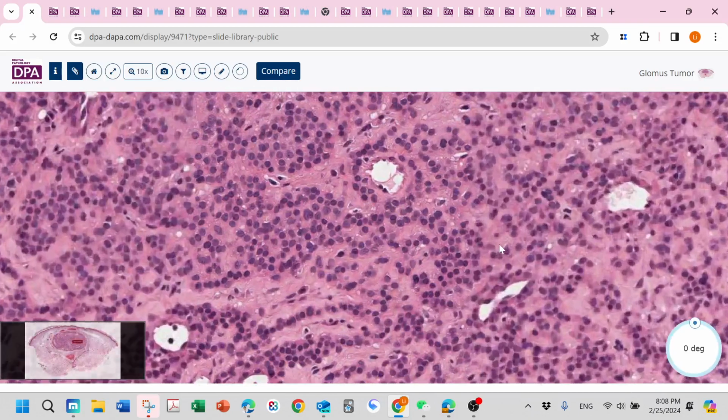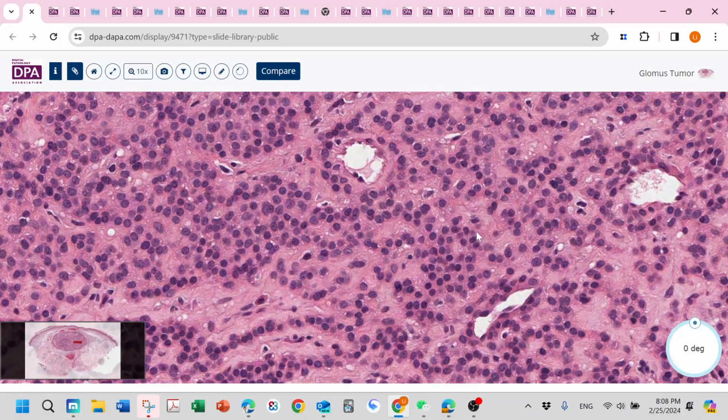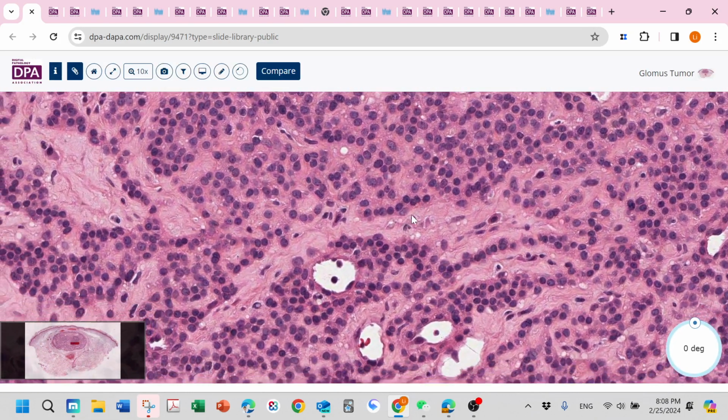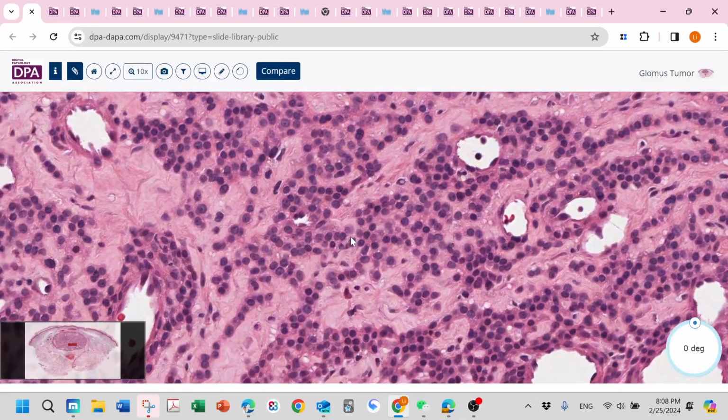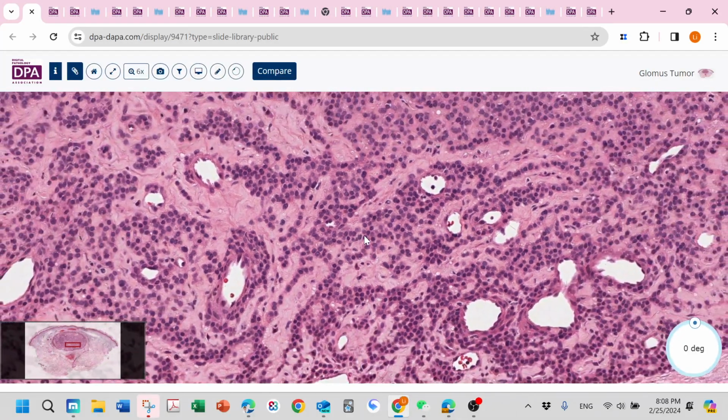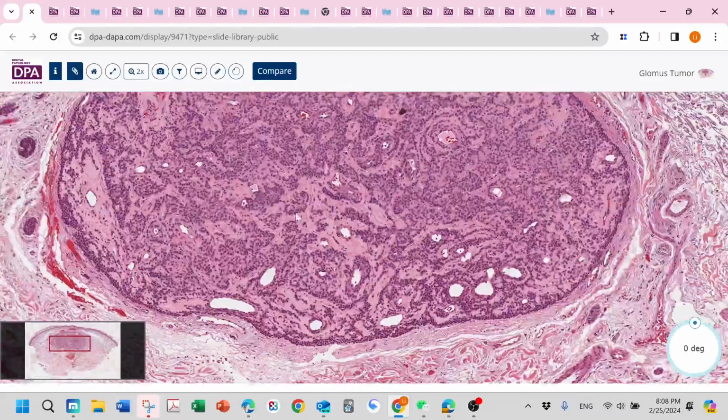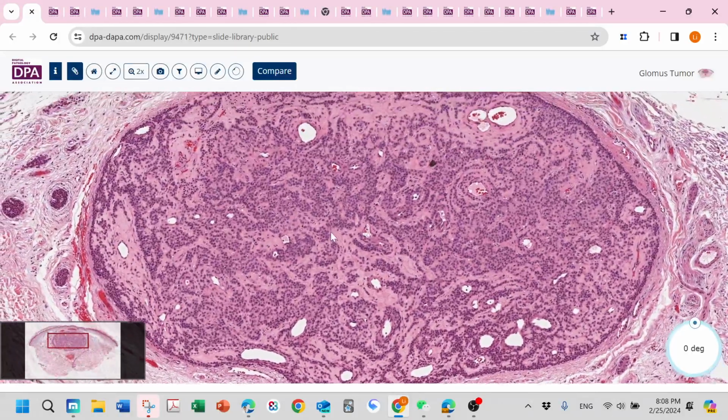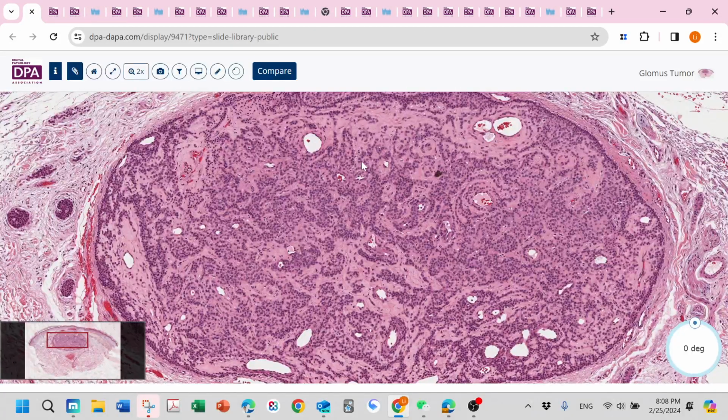Then at higher power to see the cytology, really round cells, every cell looks identical, monotonous, no mitotic figure, really bland. So when you have all of these features, you can call the diagnosis of Glomus tumor.